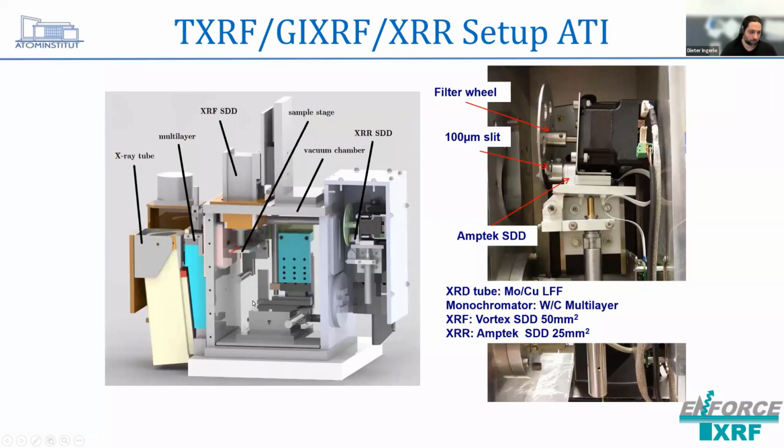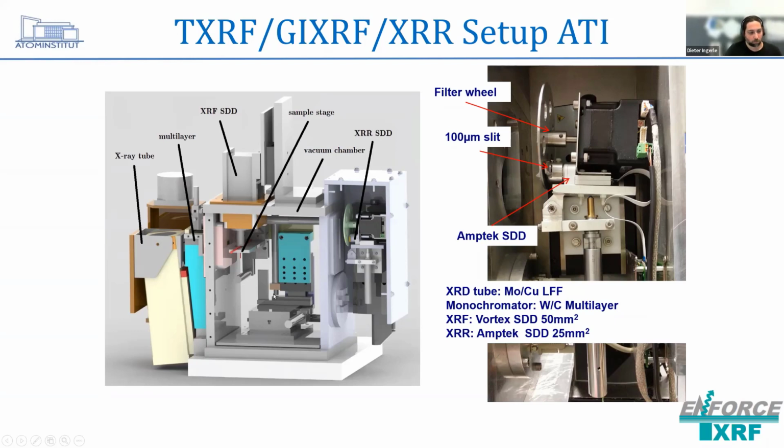It's just the basic components: an X-ray tube, multilayer, and fluorescence detector, with a sample stage that can be rotated. And what we added later is a second SDD to measure the reflectivity signal.